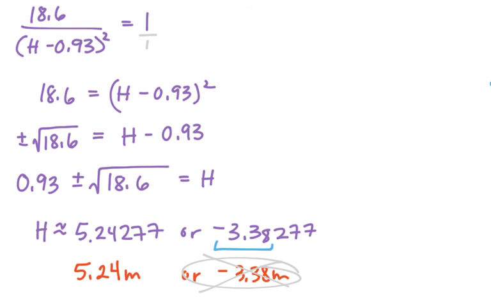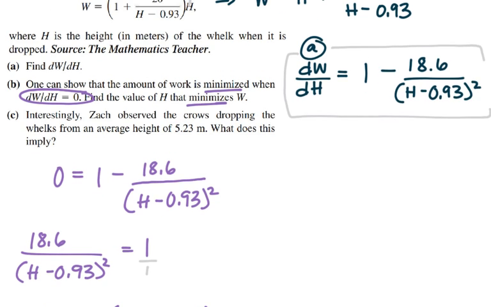So that means the height which minimizes work is essentially 5 and 1/4 meters. So the answer for B here is 5.24 meters. And again, I'm not certain what the problem is going to ask you to round to on the homework, but always pay attention to those little blue boxes when you're working on the homework that tell you where to round, where to stop rounding.